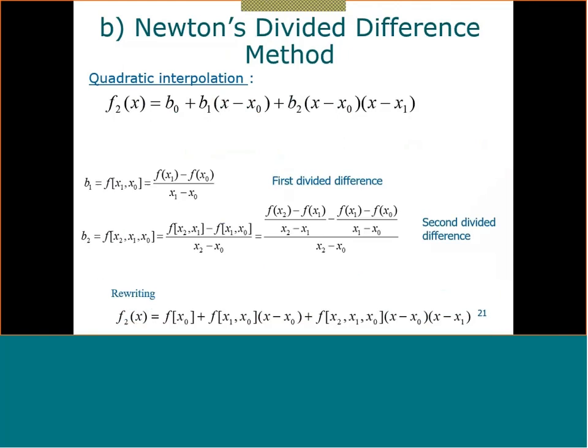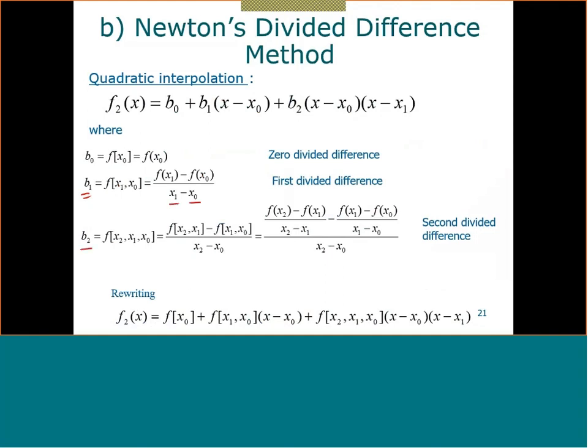So this is for the quadratic equation. Let's see, B0 as I said. Now we will call B0 f of x of 0 in that format. B1, I will call it f of x of 1, comma x of 0, which is nothing but f of x of 1 minus f of x of 0 divided by x of 1 minus x of 0.